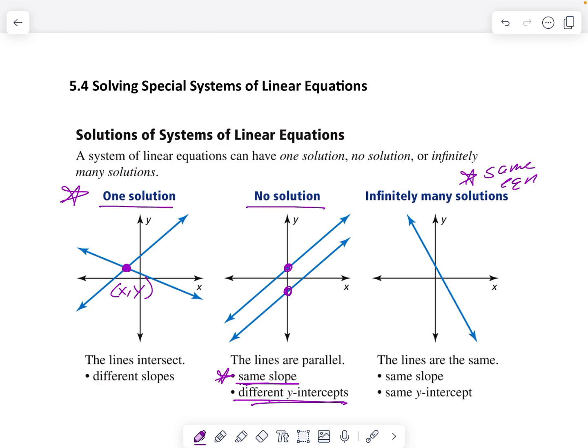So when you go to graph the two lines, they're the same line, which means you have infinitely many solutions. Every single point on this line is a common solution to both of them because they're the same. The lines have the same slope, same y-intercept. Everything's the same. So if that happens, you have infinitely many solutions.